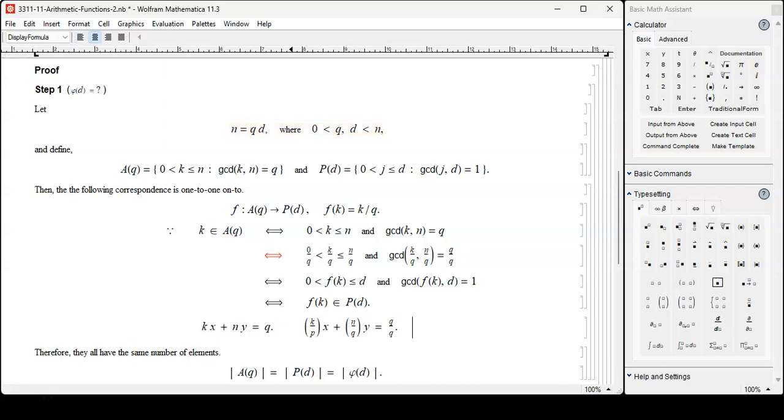So what do you get? K over Q, that was a typo, sorry about that. K over Q, so f of K, that's the way I define f of K, times some integer x, plus n over Q, which is D, times integer y, is 1.